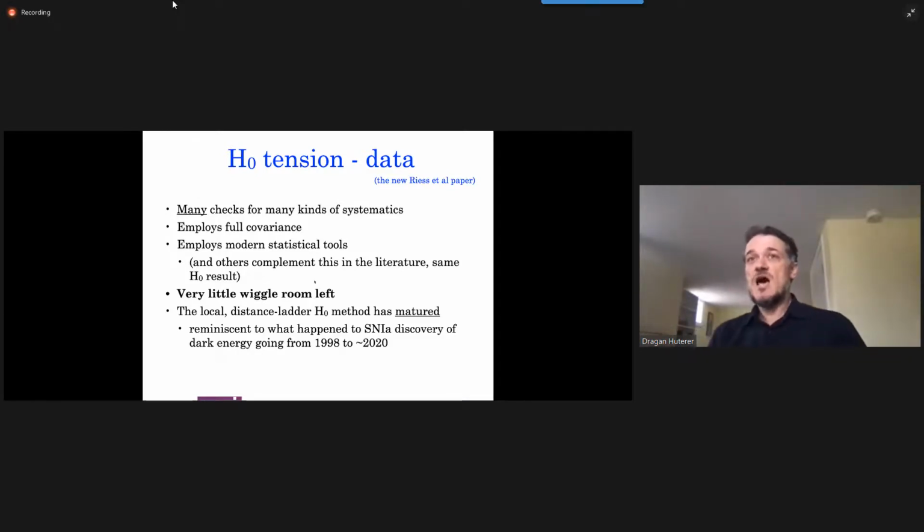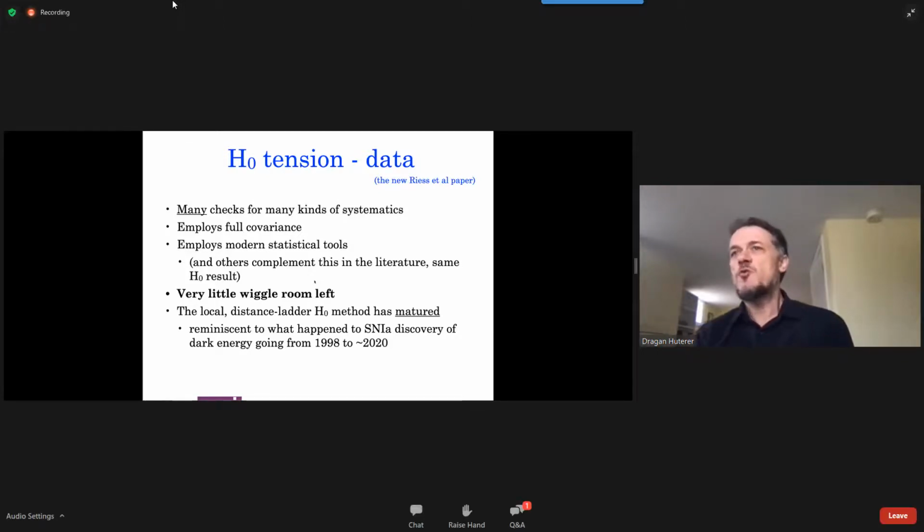Many things have been checked, and this reminds me of the trajectory of type Ia supernovae that I used for dark energy. In the late 1990s, I was a graduate student when these epoch-changing supernova results came out, and there were lots of questions. Did you forget about the evolution of the supernovae? What about different types? Is the CCD response linear?